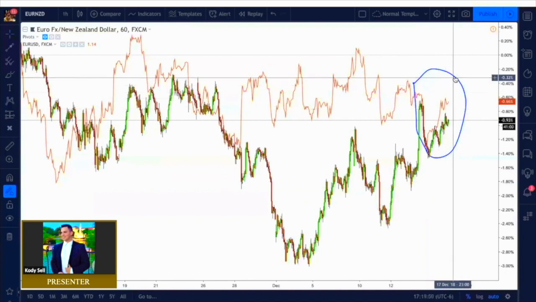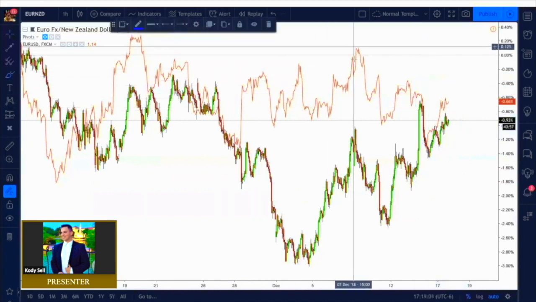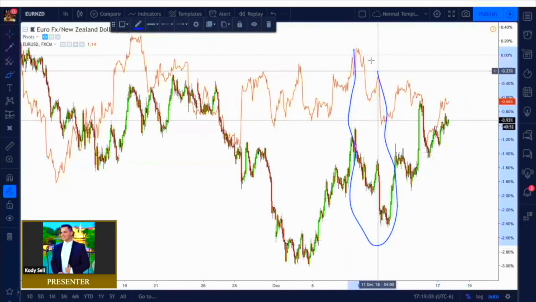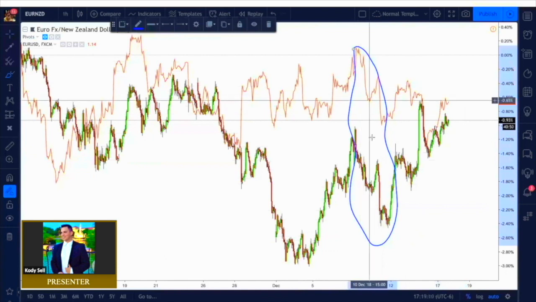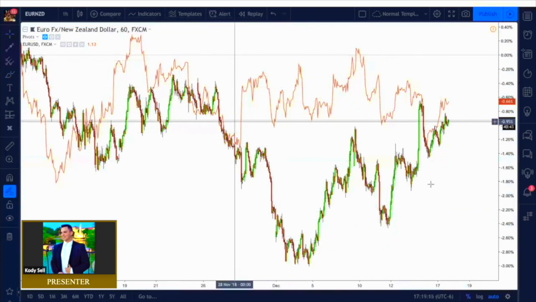It's not just this area. If you look back right here, they've been dropping the same, and then they started rising, and they started falling. Again, I encourage you to pause the video, look at everything, and pull it up on your own.